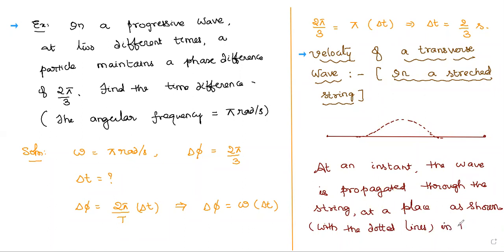As shown in the figure, these dotted lines are the shape of the string at an instant. Look, the wave is propagating, suppose produced here, propagating towards the right, with a certain velocity, where v is the velocity of the transverse wave.